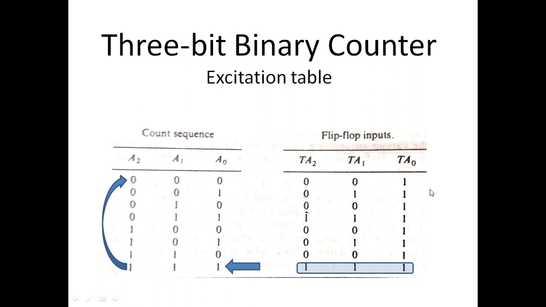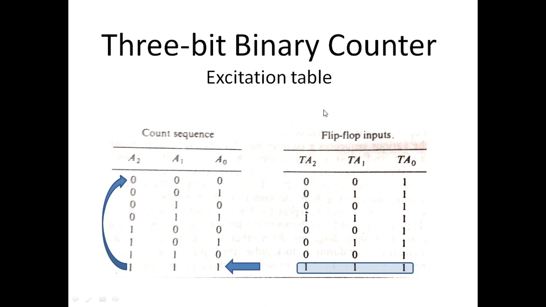So this is the excitation table. The flip-flop inputs, the equations, the columns on the right-hand side are the inputs to the flip-flops to achieve the desired count sequence in this order, and they are taken from the outputs of the flip-flops.